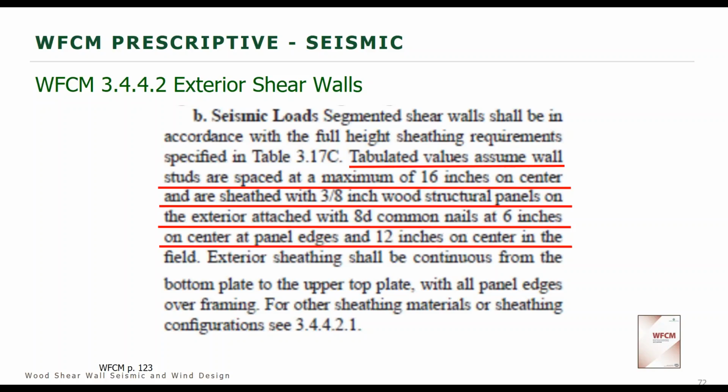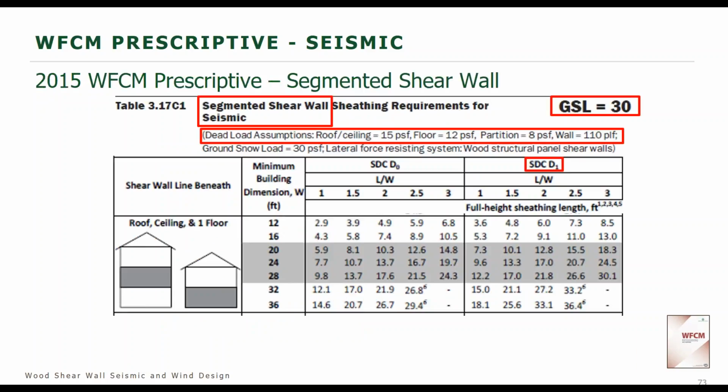So it's at the top plates, it's at the sill or sole plates, and it's at the side panel edges wherever it meets the framing member. Whereas the 12 inches on center field is intermediate, at the intermediate studs, or if you're talking about floor joists, it's at the intermediate joists. Okay, so that's our minimum requirement for the construction of our wall at the exterior.